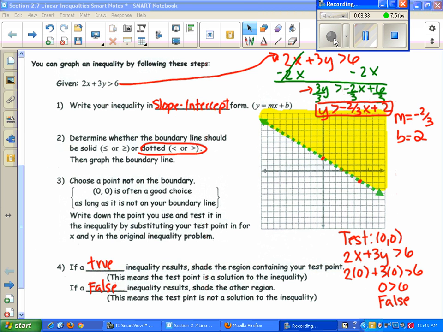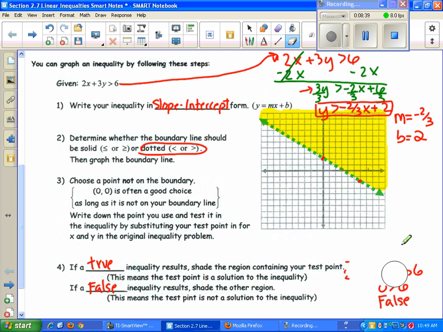So another way we can tell where we're going to shade is just by looking at the inequality. So I'm going to erase this right here so I can write down some stuff.